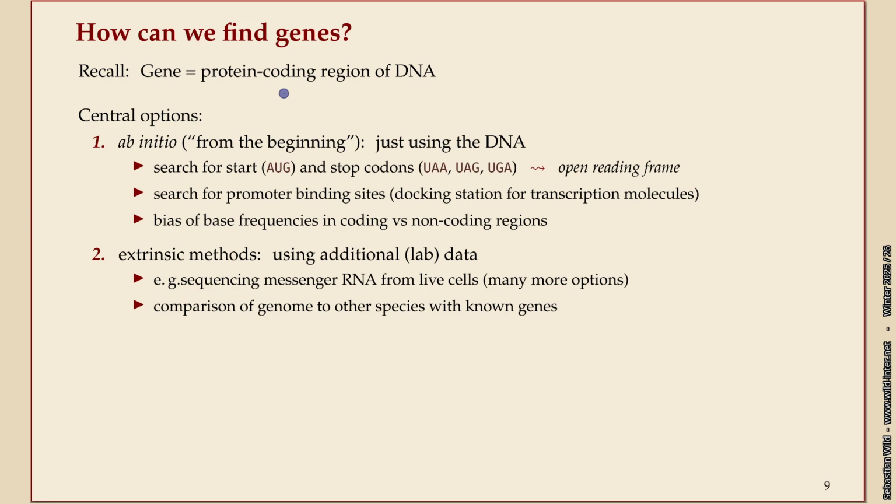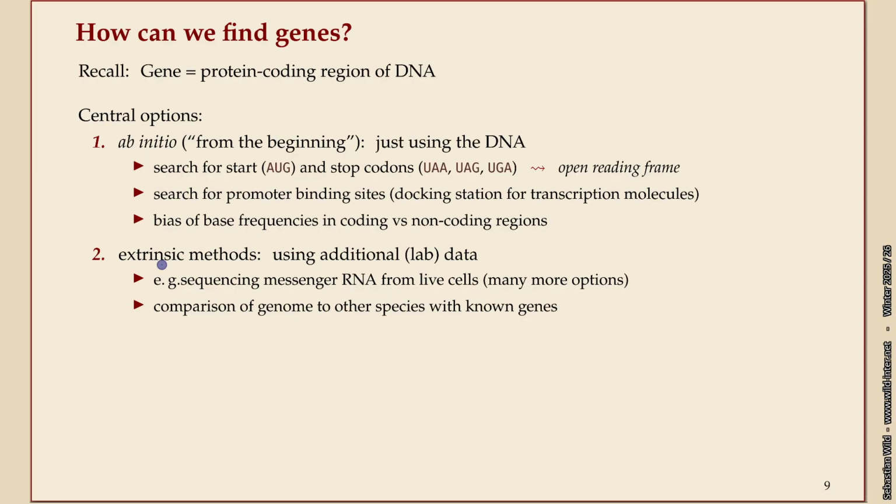And as almost always in bioinformatics, there are two options. One is you just take this data, as I mentioned, and you try to do something that's intrinsic just to that piece of information.